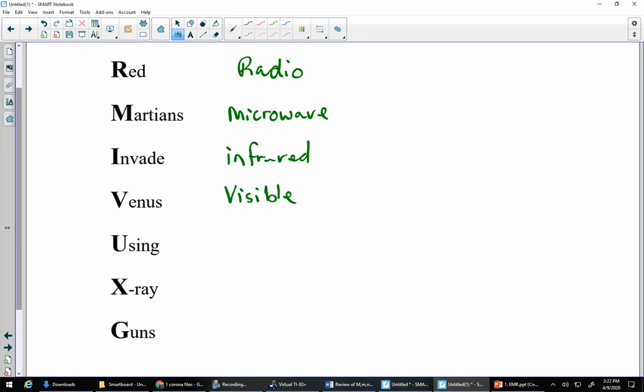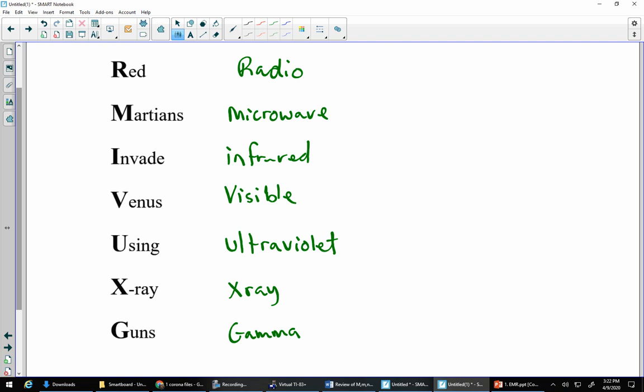Ultraviolet, so U for ultraviolet. X-rays, kind of an easy one, X for X-ray. And then G for gamma. So red Martians invade Venus using X-ray guns. Also, you could say raging Martians invade Venus using X-ray guns.